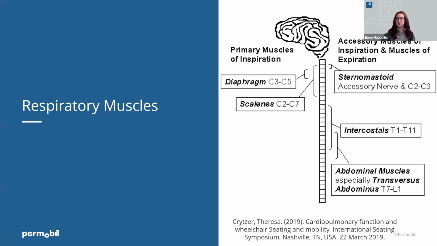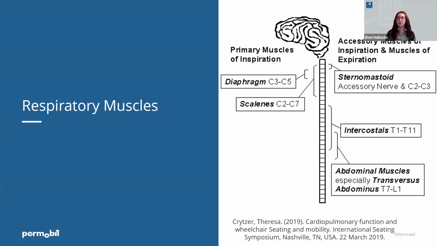When it comes to respiration, there are several muscles involved. For inspiration, the primary muscles are innervated through the cervical region. So we have the diaphragm and the scalenes innervated at C3 to C5 and C2 to C7 respectively. And then we have the sternomastoid, which is an accessory muscle for inspiration, and that too is innervated in the cervical regions between C2 and C3.